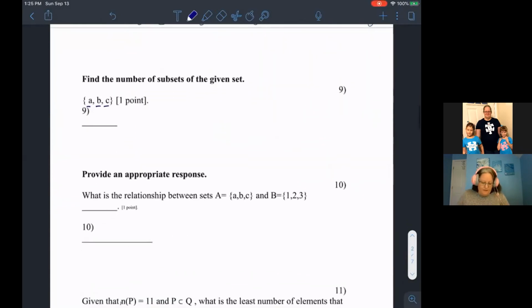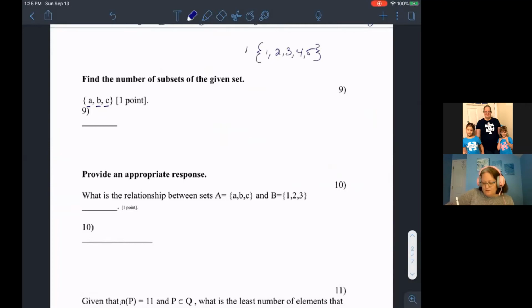Okay, next question. Number 9, it says find the number of subsets of the given set. Now, a set is any number of items that are grouped together. It could be like 1, 2, 3, 4, 5.